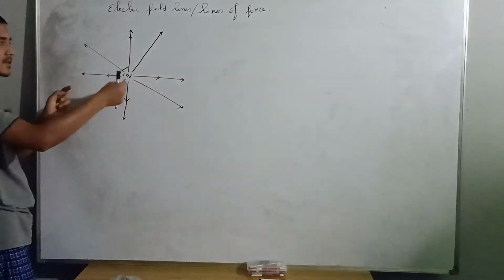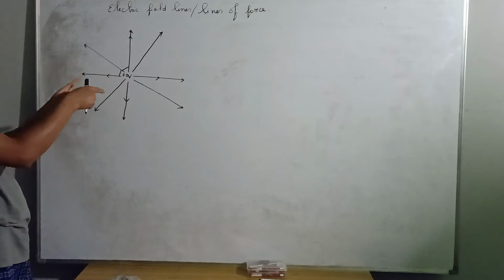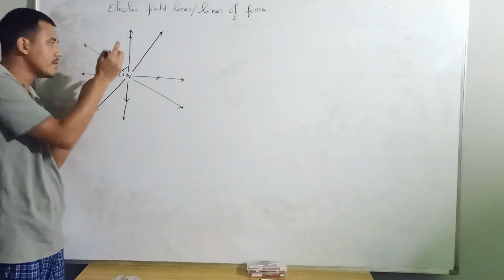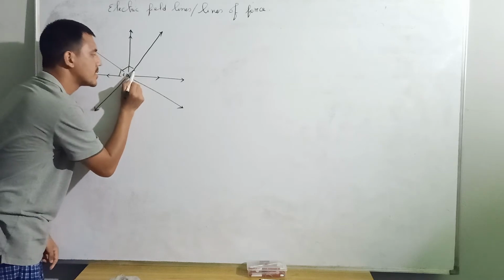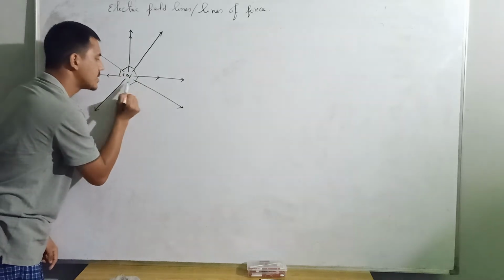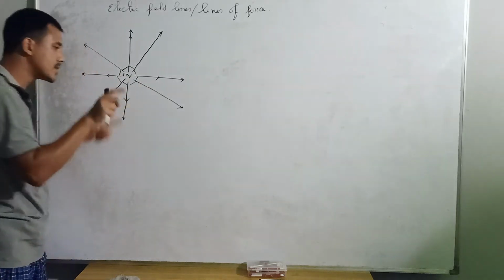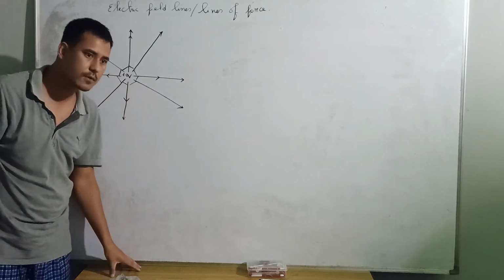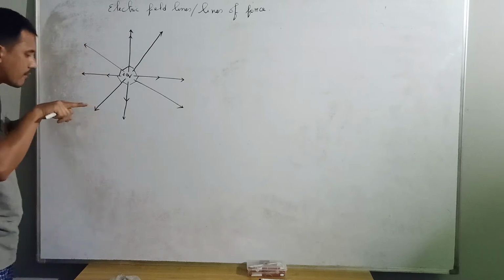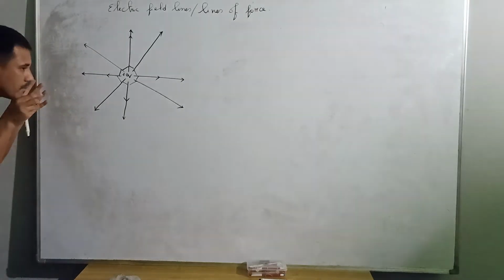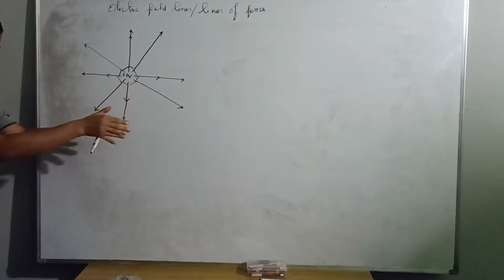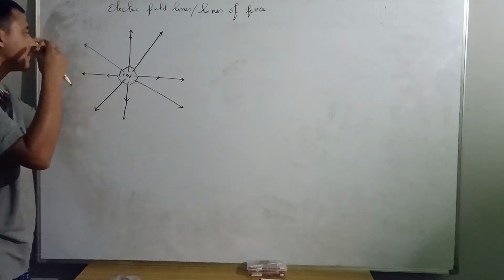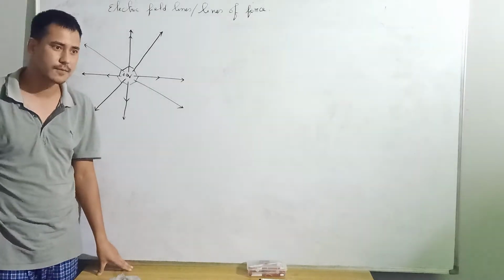So these field lines closer to the charge, when they are closest to the charge, the distance between the lines are very, very small. Distance between the lines are very small means density of the lines is more, right? Lines are very close to each other, so the density of the lines is more. Is it okay? And as the density of the lines are more, the magnitude of the electric field is more.